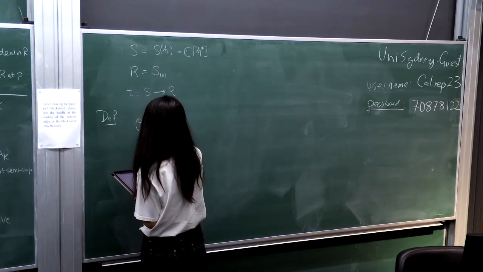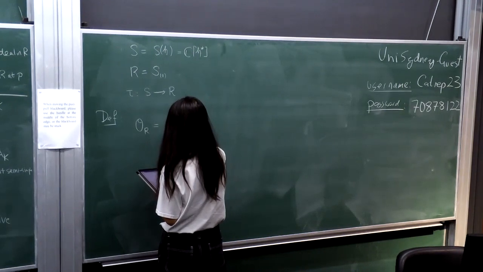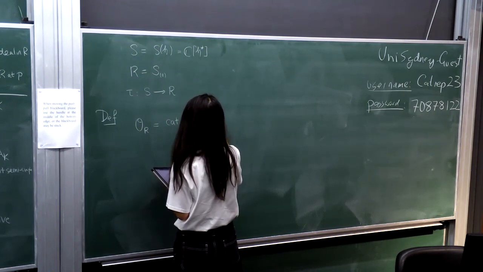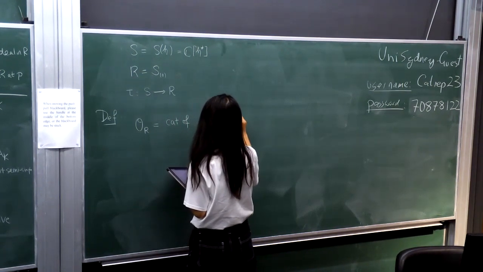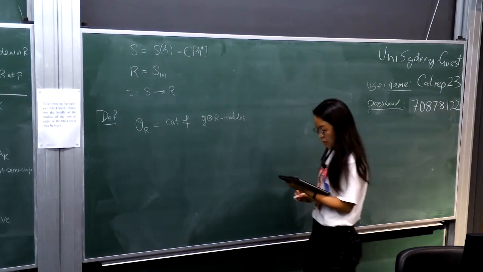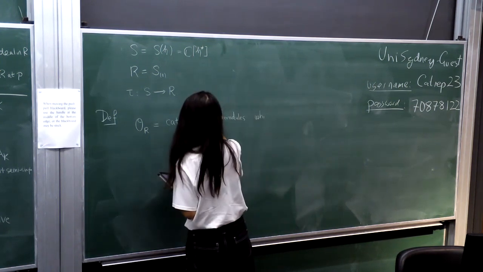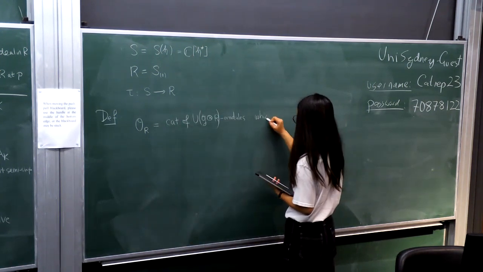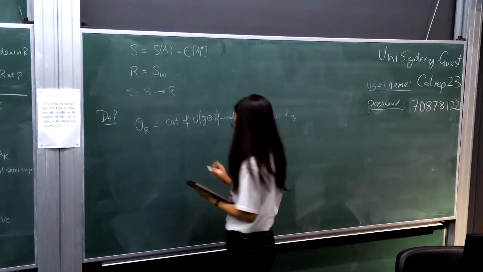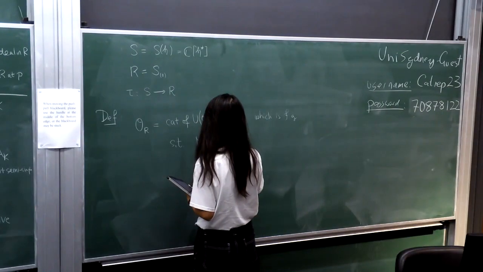So O_R is defined as the category of g-modules N over R, which is finitely generated over the universal enveloping algebra U, and such that N is the direct sum of weight spaces.